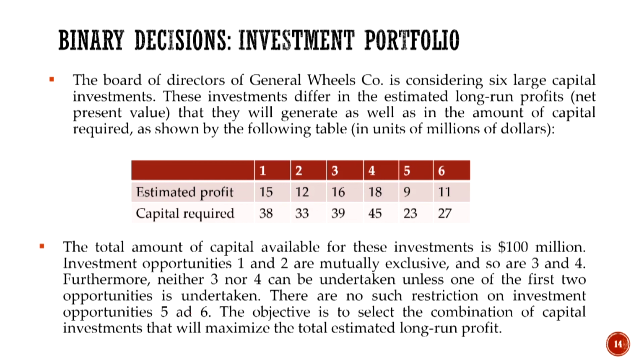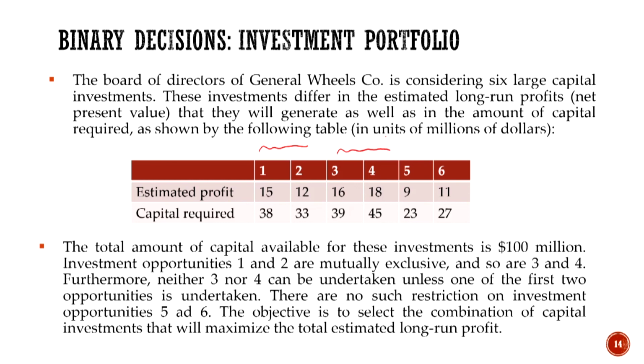So that's our constraint. Investment opportunities 1 and 2 are mutually exclusive. It means that if we choose to invest in option 1, then we cannot invest in option 2. And so are 3 and 4. So these two, 3 and 4, are mutually exclusive too. Furthermore, neither 3 nor 4 can be undertaken unless one of the first 2 opportunities is undertaken.